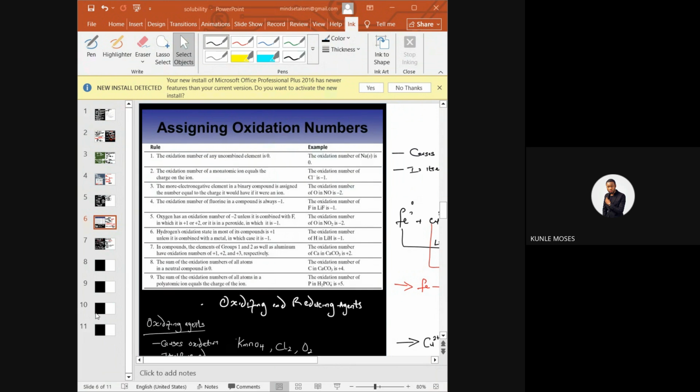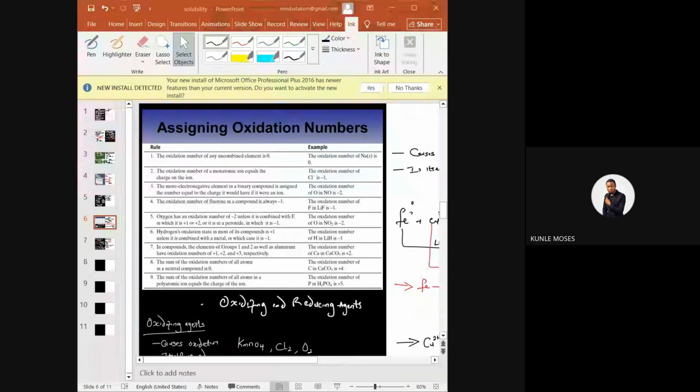No matter which one they ask, once you are looking for the sum of the oxidation numbers of all the atoms in a neutral compound, that is, there's no charge, it is 0. And that's why we equate everything to 0 when we are finding a component. But the second one is talking about polyatomic ions.